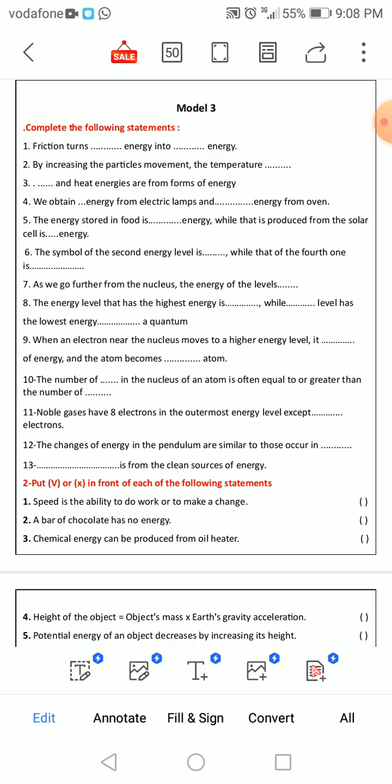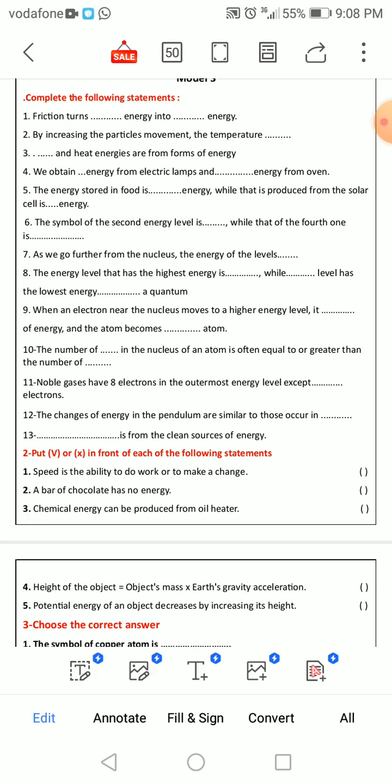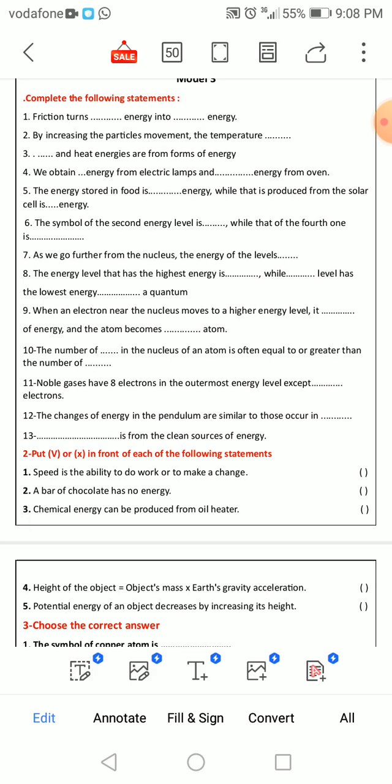Number 9, when an electron near the nucleus moves to a higher energy level, it gains energy, and the atom becomes an excited atom.